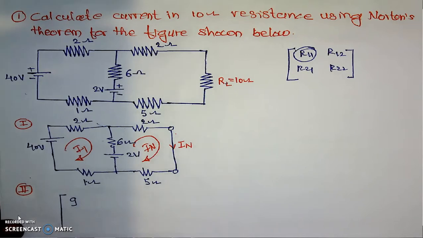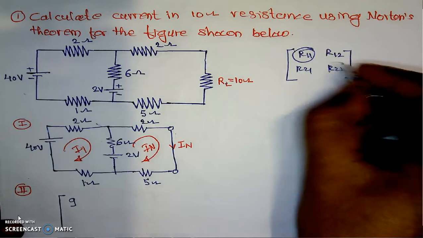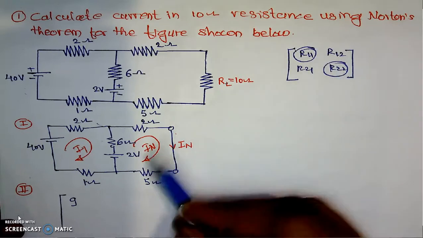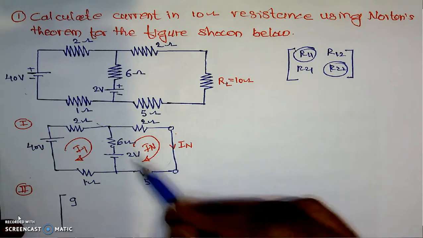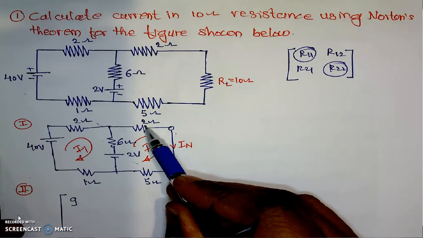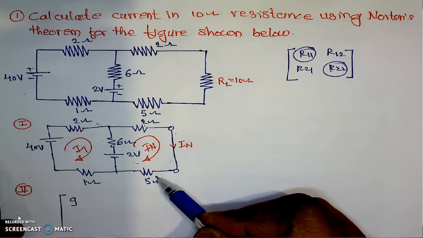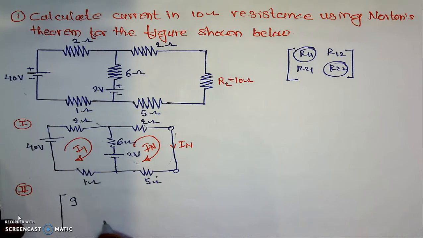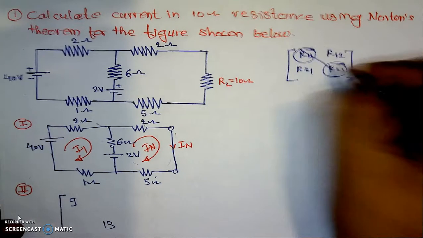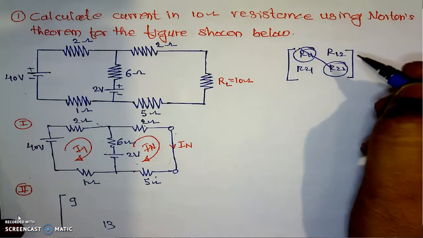Then R22 is the resistance of the second loop, that is 6 plus 2, 8, 8 plus 5, 13. Diagonal elements are positive, remaining all elements are negative.